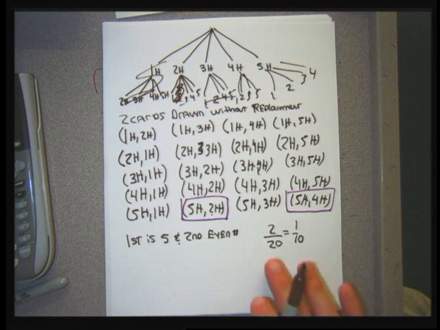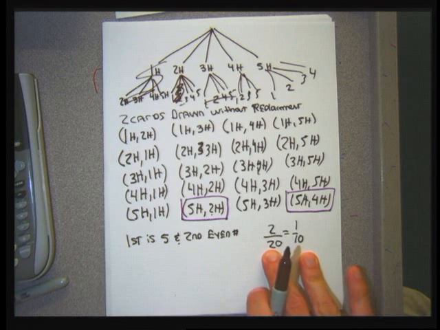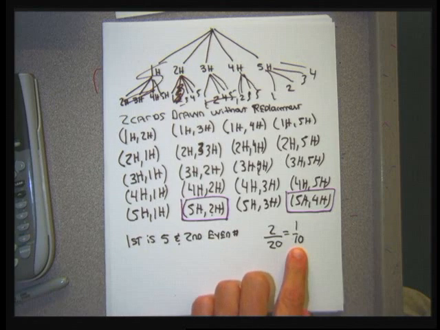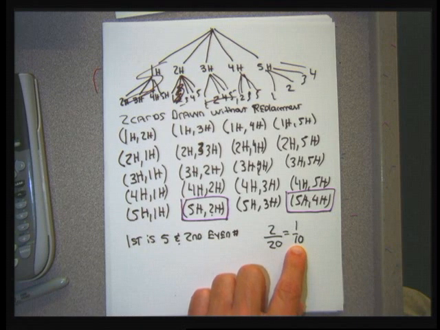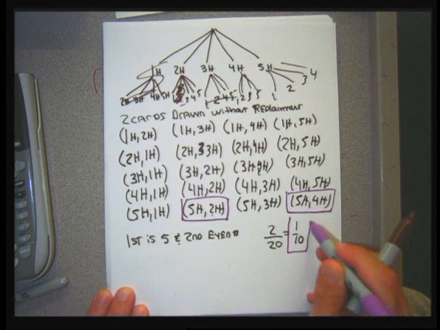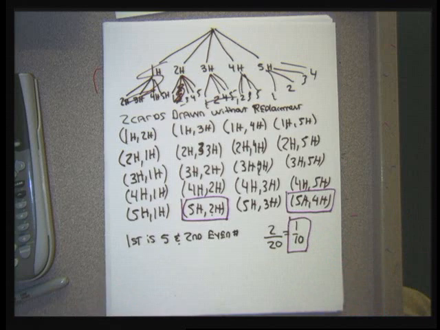So there's got to be a way to get 2 in 20 or 1 in 10 without listing the sample space, and it's not so hard actually. To get this answer of 1 in 10, I'm going to do the probability of each event separately and multiply them together. So to find this answer, I could list the sample space. There's 20 items in my sample space.